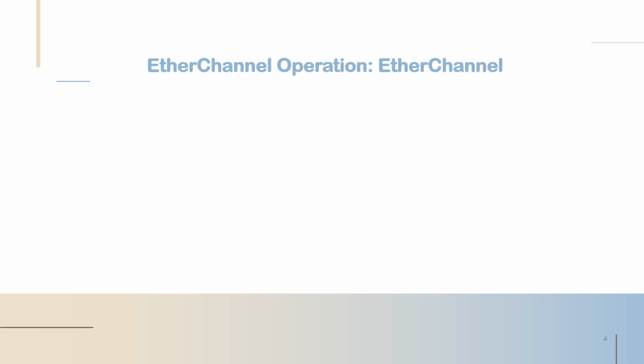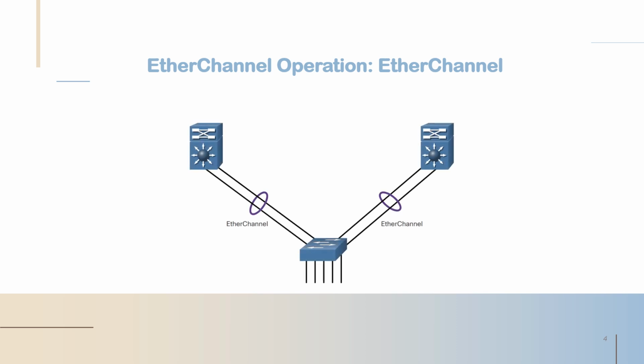EtherChannel was originally developed by Cisco as a LAN switch-to-switch technique of grouping several Fast Ethernet or Gigabit Ethernet ports into one logical channel. When an EtherChannel is configured, the resulting virtual interface is called a port channel. These physical interfaces are bundled together into a port channel interface, as shown here in this figure.